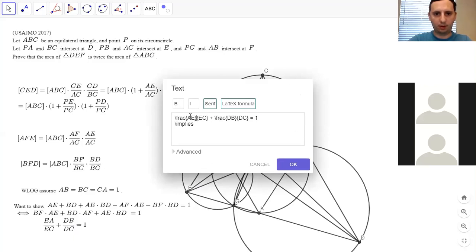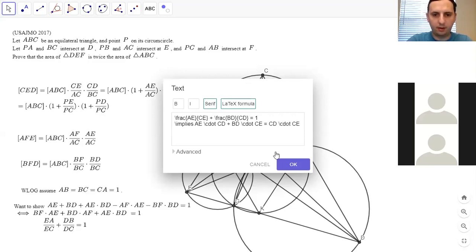AE times CE, and then BD times CD. So this means that AE times CD plus BD times CE equals CD times CE.